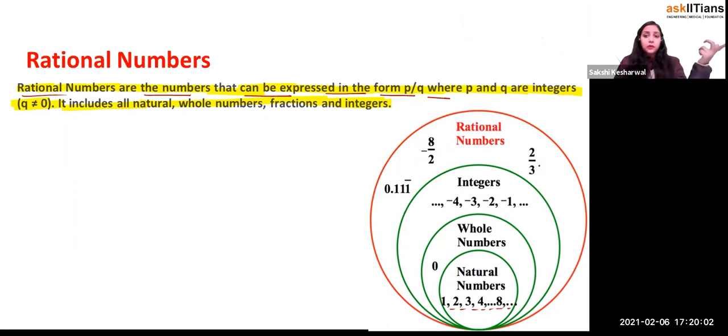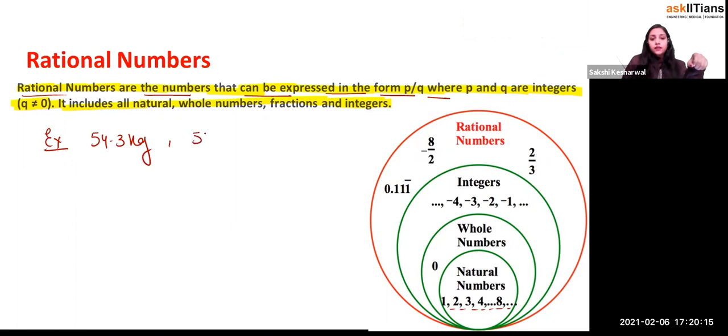You have seen such numbers in your day-to-day life. If you see your weight on an accurate weighing machine, you will see 54.3 kg as your answer, right? And if it is more accurate, it is 54.36 kg. So these types of numbers did not initially exist in the number system.